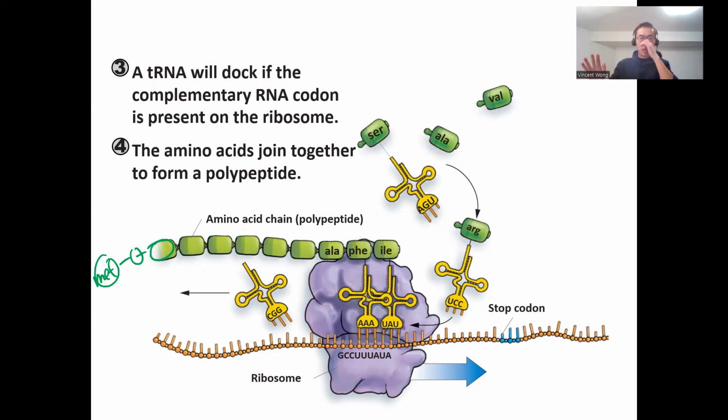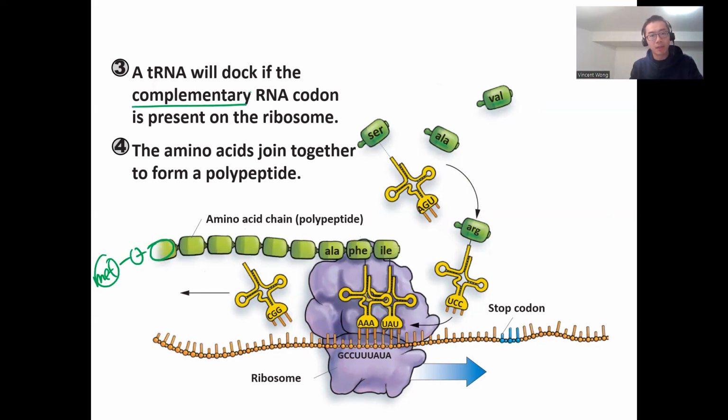But basically, what needs to be happening is that the tRNA will dock if a complementary RNA codon is present on the ribosome. In other words, we cannot just randomly put the tRNA into the ribosome here. For it to be the right tRNA, it must be complementary, right?